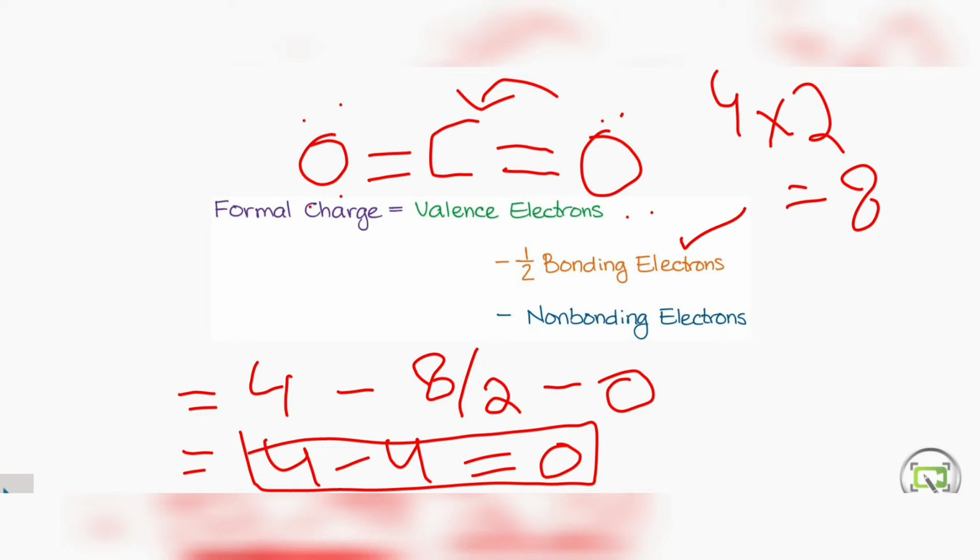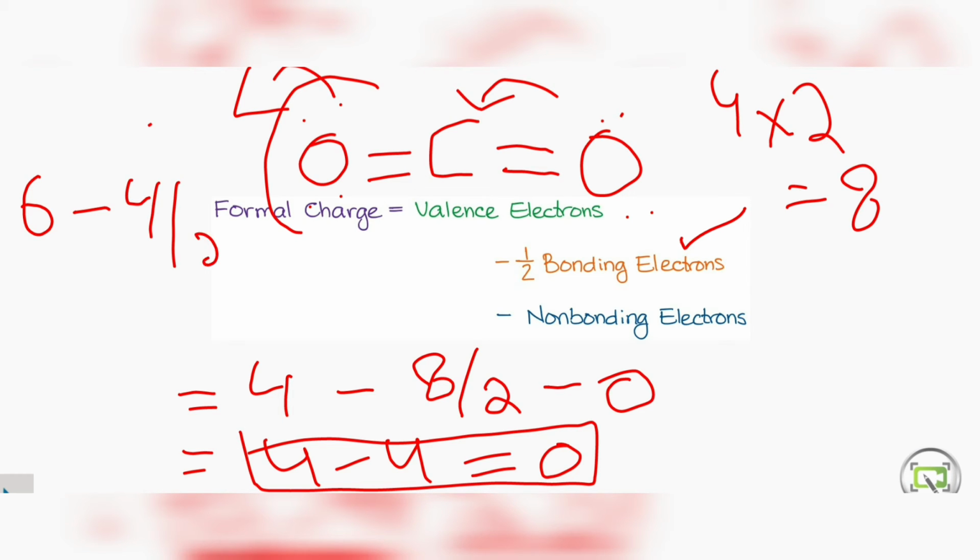You can also count the formal charge of oxygen. Write the valence electrons of oxygen: 6. Write the bonding electrons, and you have to select one oxygen. One oxygen has bonding electrons 4, divided by 2, and then you have to see the lone pairs, and the non-bonding electrons are 4 as well.